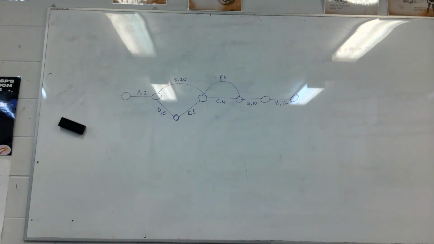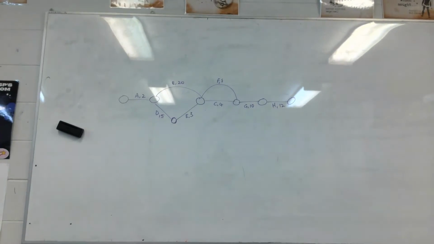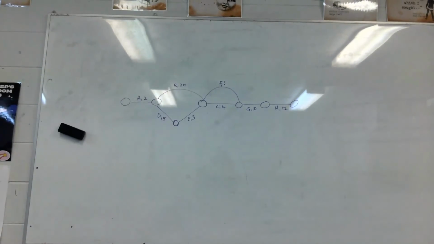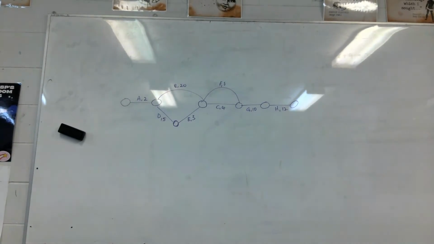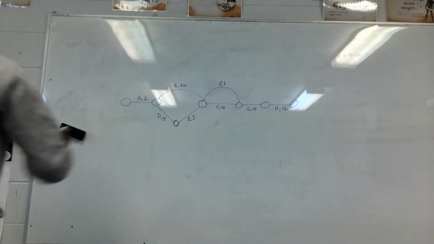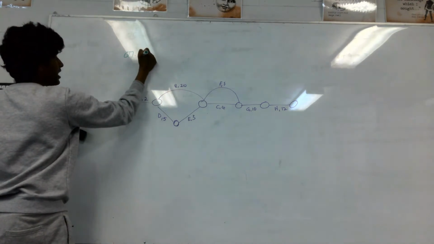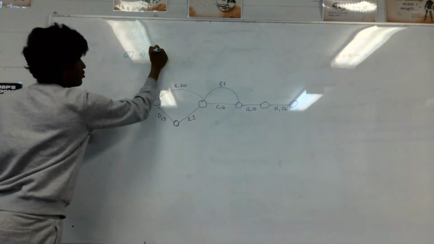Alright, once you've done that, that's you drawing the network. From there we've got to actually work out a backward and forward scan. Alright, next step, forward scanning. This is part A of question 7. Question 7, part A, draw network.